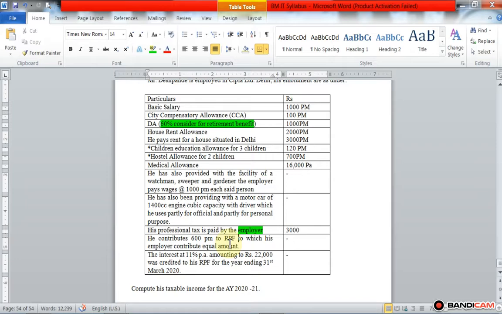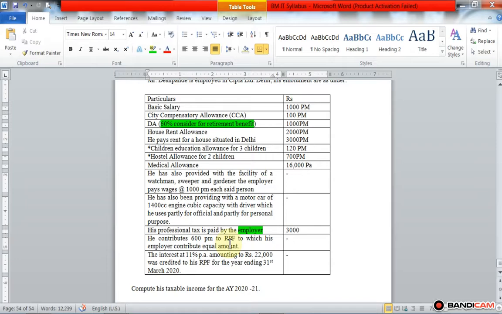Interest credited to the RPF is exempted up to 9.5%. If interest credited is more than 9.5%, then it is taxable. Here the interest credited is 11%, so up to 9.5% we get exemption, and the amount above 9.5% is taxable.